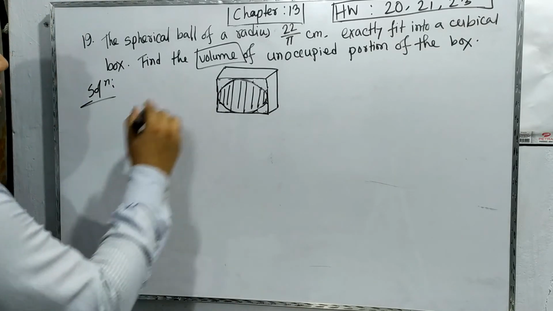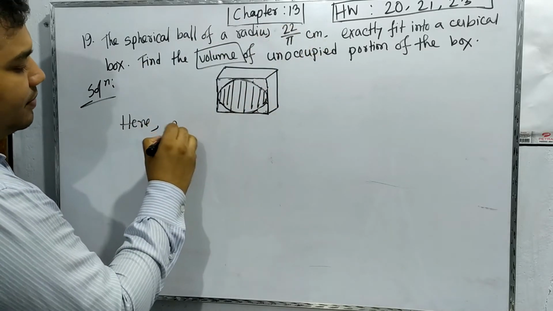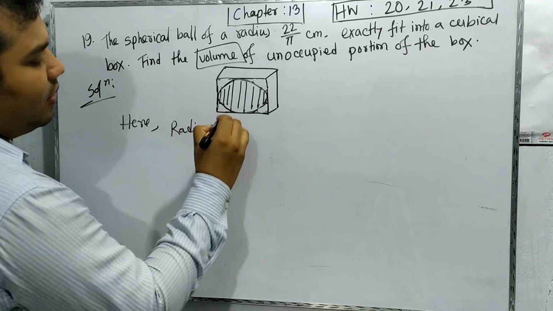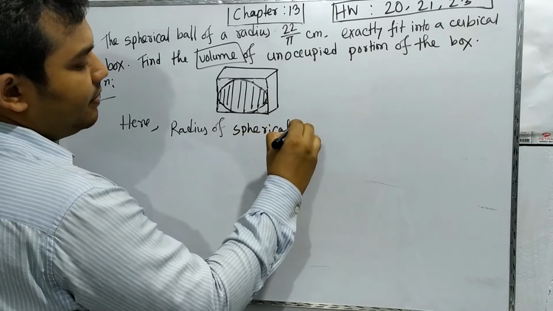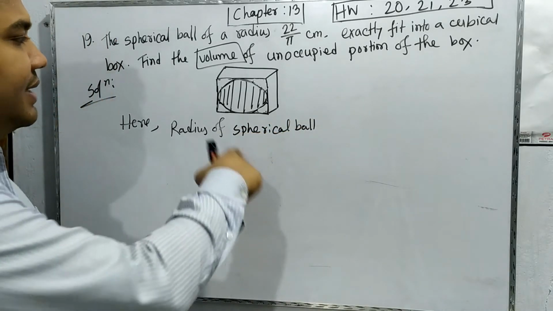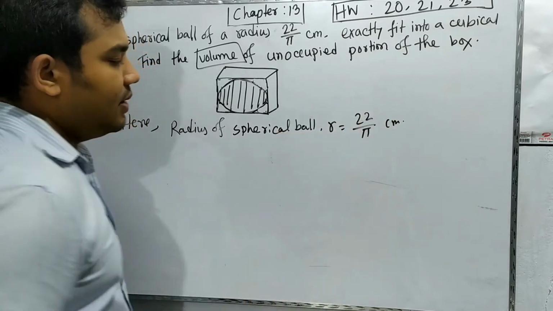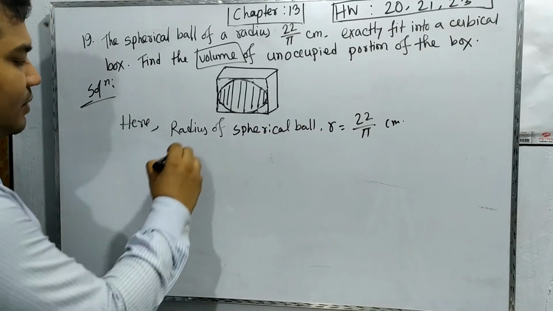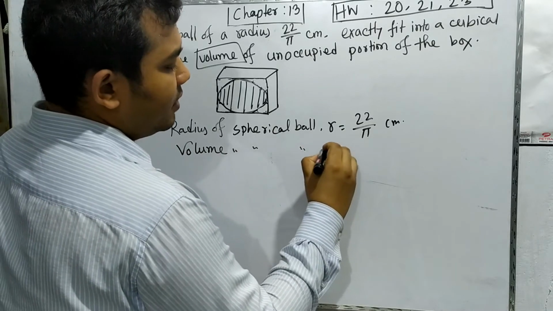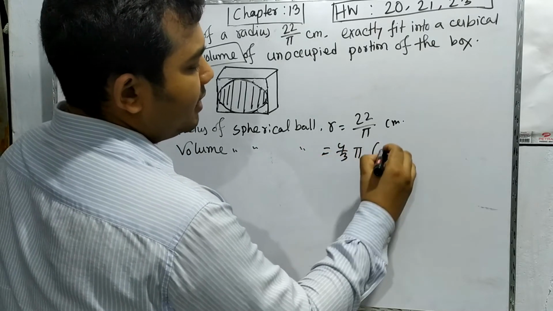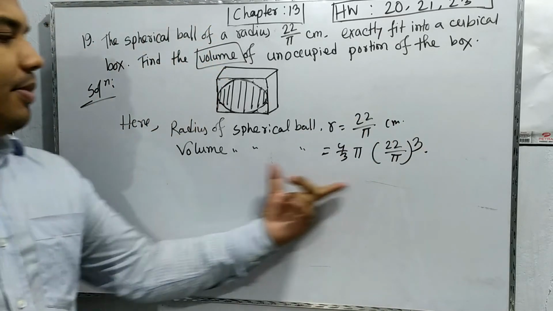Okay, the radius of the spherical ball is given: r equals 22 by pi centimeter. So the volume of the spherical ball will be 4 by 3 pi r cube.